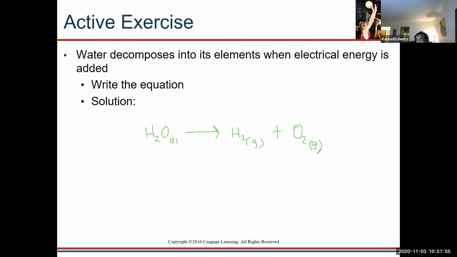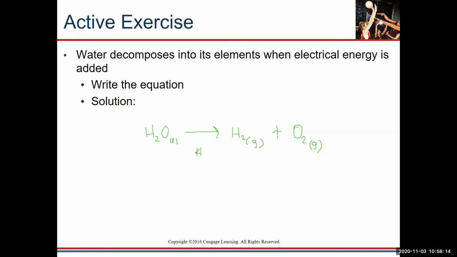Okay, questions, concerns? Is it balanced? No. Okay, what do I need to do to balance it? Multiply the H2O by 2, and then multiply the hydrogen by 2 as well.